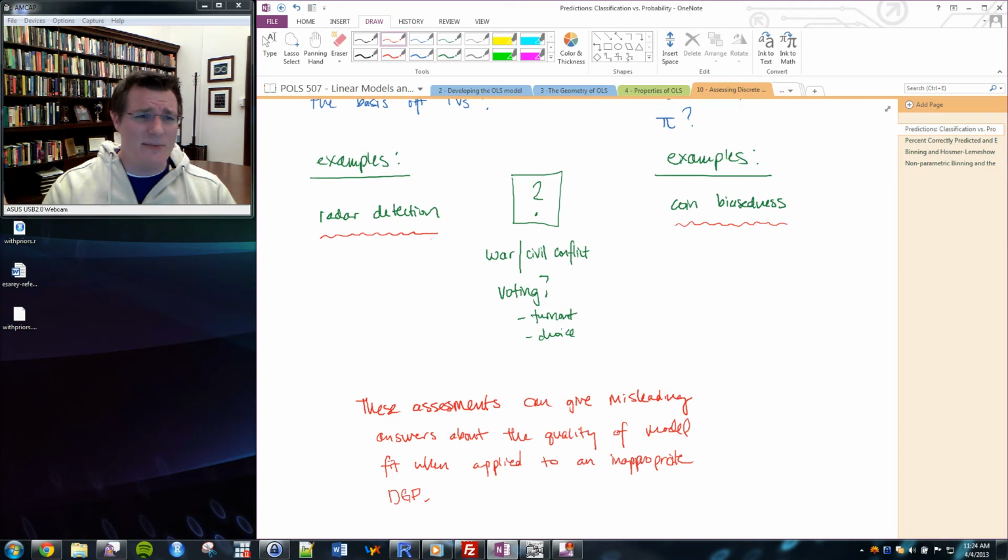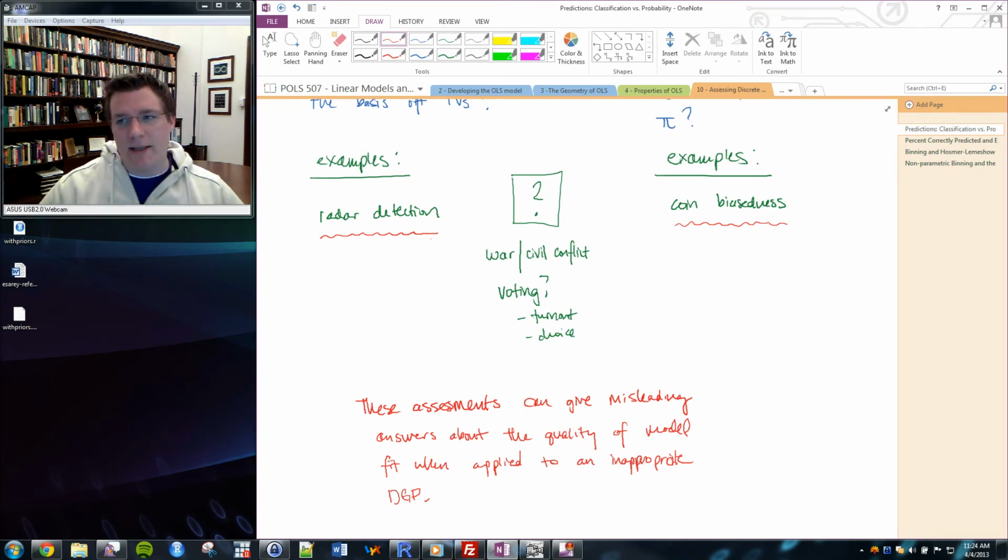And just because my model gives accurate probability feedback doesn't mean it's a good model. I want my radar algorithms not to tell me that there's an 80% chance that a plane could be there. I want them to tell me that there is a plane there or that there isn't. So it's important to think about whether these assessments are applicable to the DGP in question before applying them.